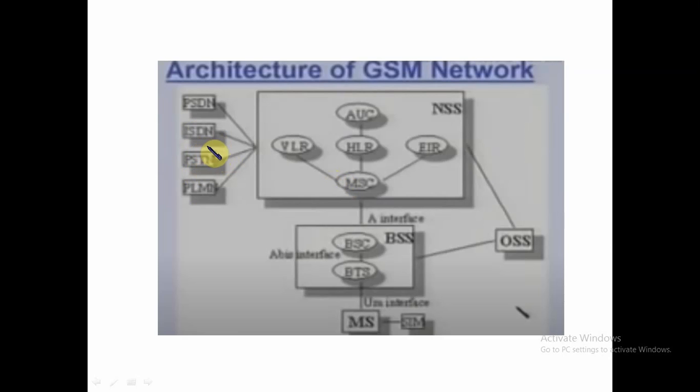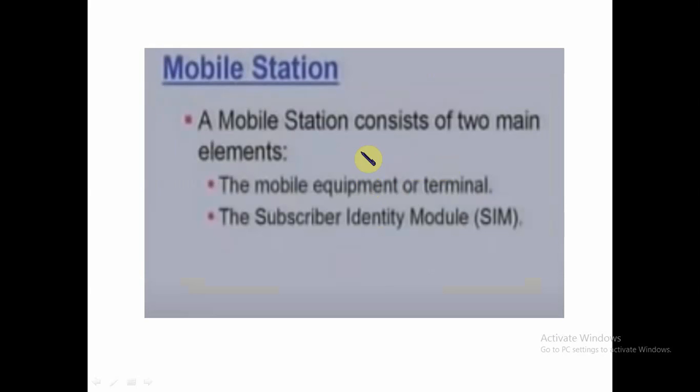That is how the GSM network architecture looks, which we already talked about in the previous video, including the mobile stations. The mobile station consists of two main elements: the equipment and the SIM, that is the subscriber identity module.